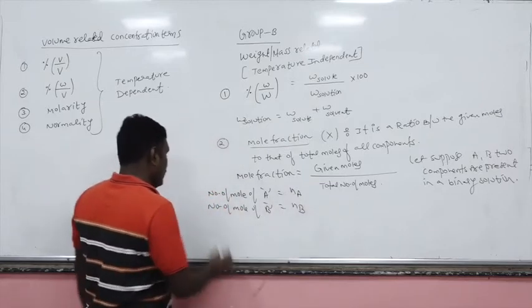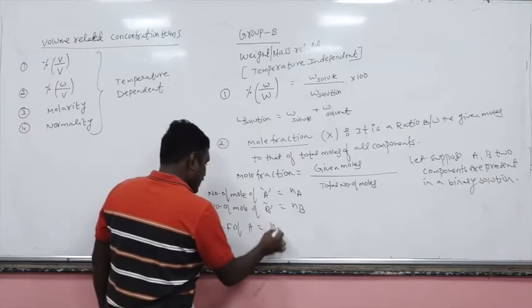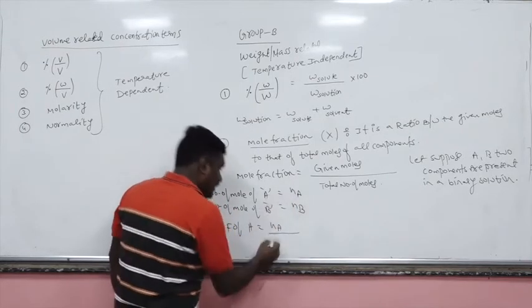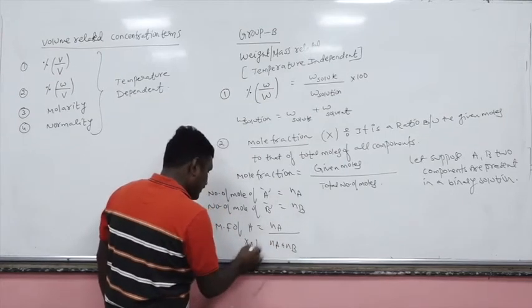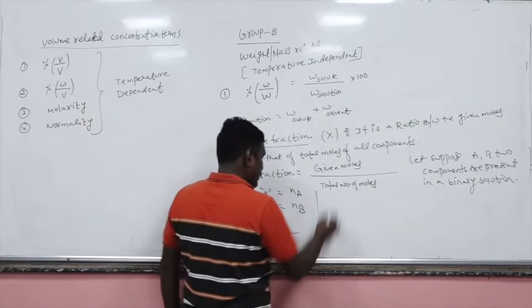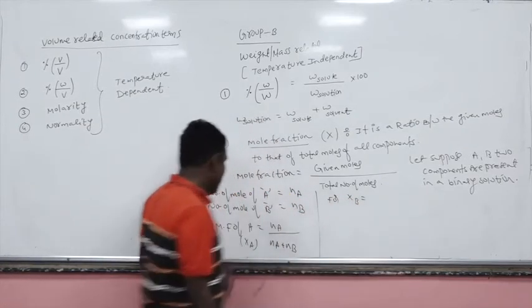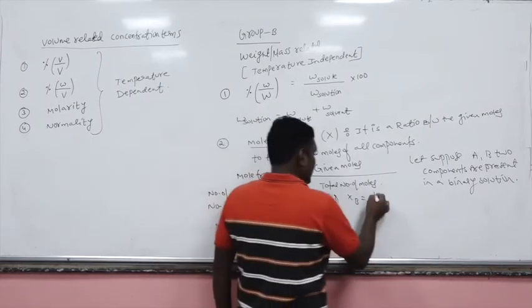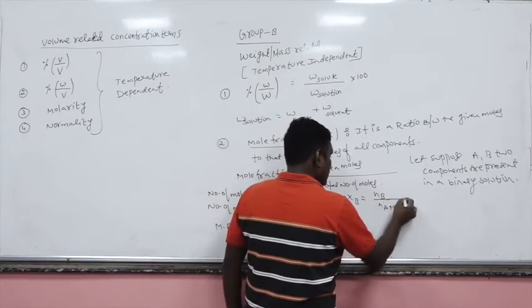Okay. Now, what is the mole fraction of A? Given moles, that is number of moles of that component divided by total number of moles. This is called Xa. And Xb, that is the mole fraction of component B, is given moles by total moles.